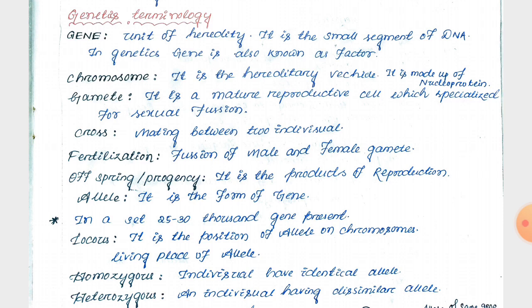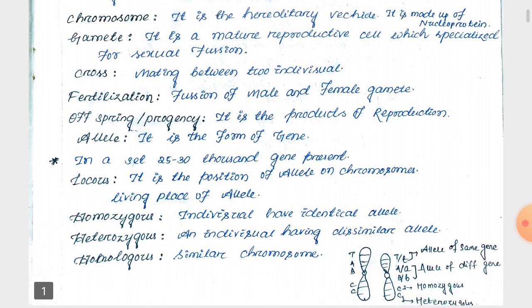You can also define it at the molecular level: a gene is the functional segment of DNA that could code a functional polypeptide. Then what is a chromosome? Chromosomes are the hereditary vehicles on which characters are transmitted from parent to progeny.